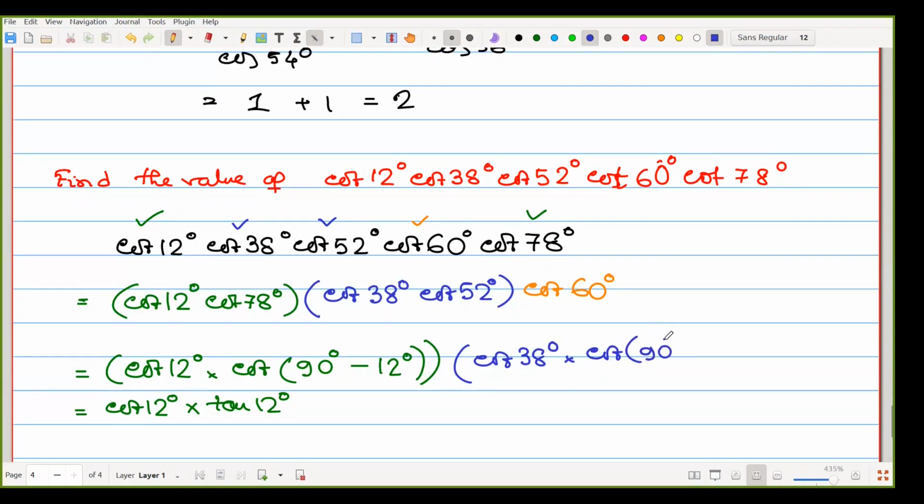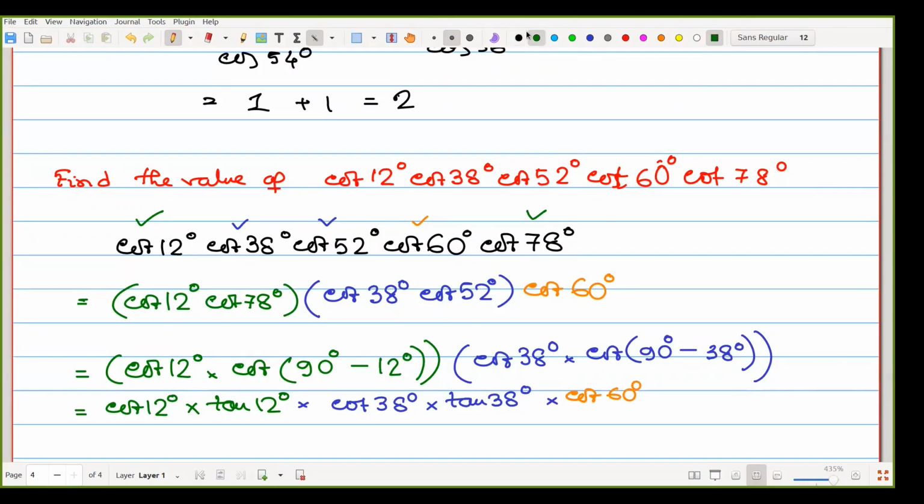That means we can write 90 degree minus 38 degree. So in that case, we have cot 38 degree into cot 90 degree minus 38 degree. That means tan of 38 degree. Now the final one is cot of 60 degree.